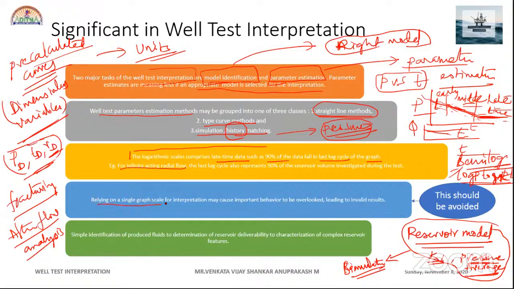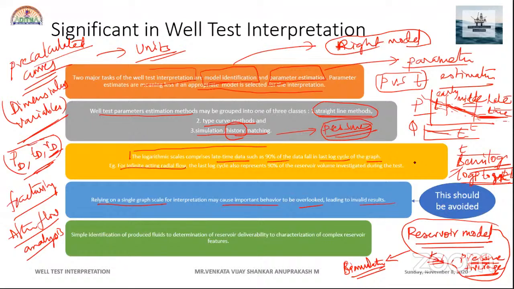Relying on a single graph scale for interpretation may cause important behavior to be overlooked, leading to invalid results. So we have to continuously test which of the logs, which of the plots and models are going to be the best fit. And we should not blindly go with one particular model.